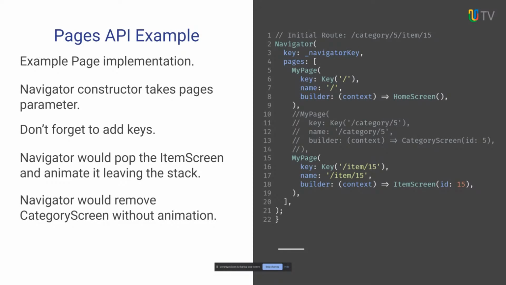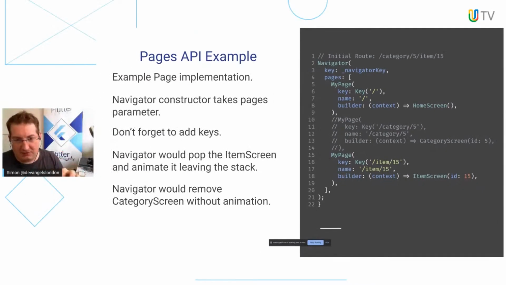You can do remove route. It is very complicated, and it definitely wasn't designed for that approach. And of course, in this example here, if we were to press the back button, then item 15 at the bottom is popped, and we return back to the home screen because we've now got rid of category 5, right?